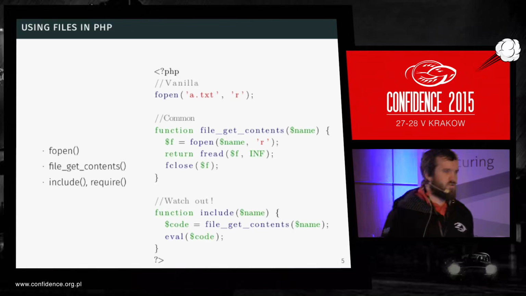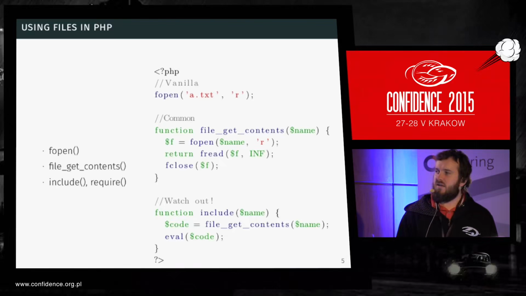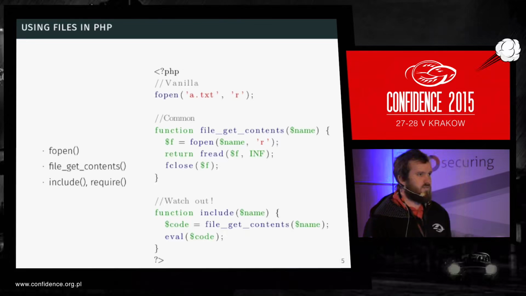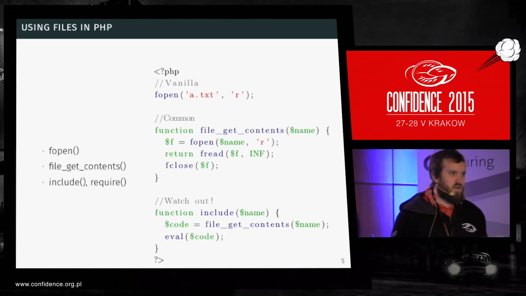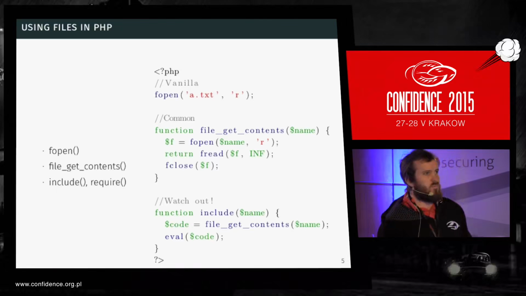But I think the two most common operations in PHP when it comes to files are either to read all the contents of the file and return it as a string, maybe for serving up images where you need to add certain headers, or the include and require functions, which are the way you modularize your programs in PHP.